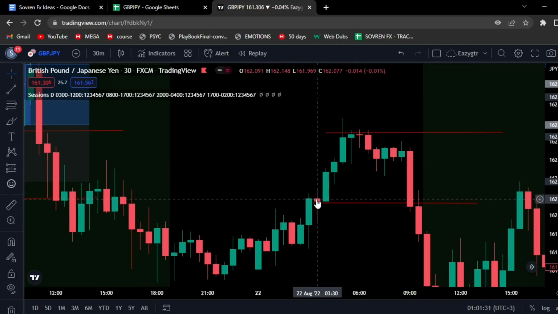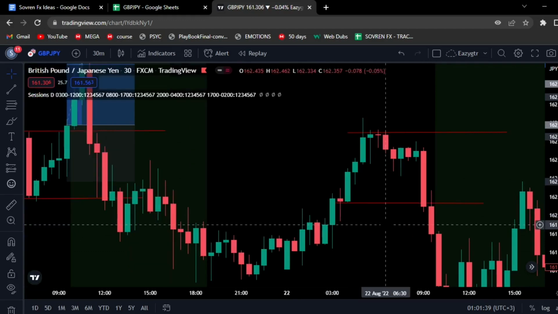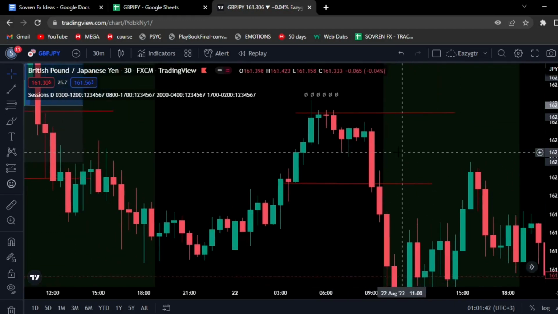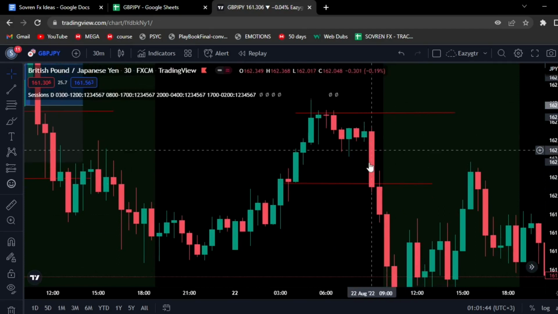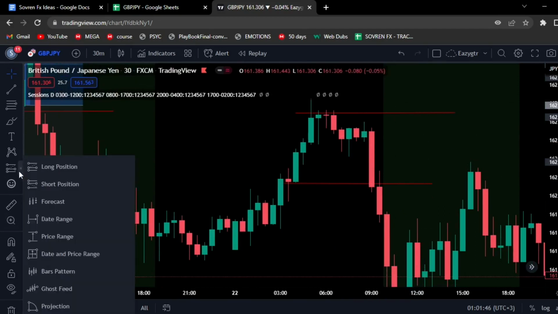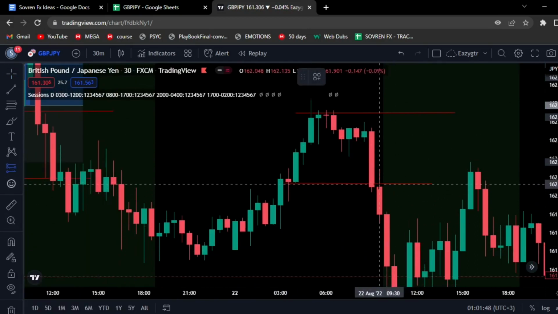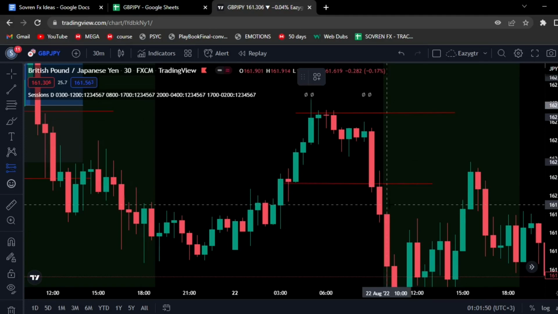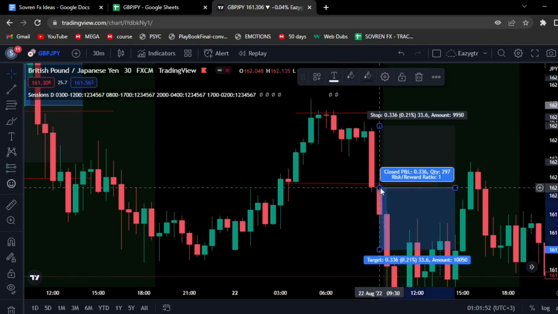This is where the market tried to move down but it couldn't, so it had to move up. So this is a support basically. Before London opens, price closes below the support, enter a short position around here. Stop loss is 33 pips.